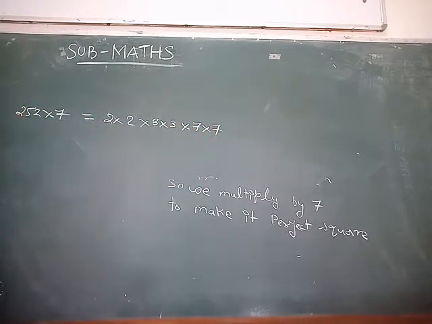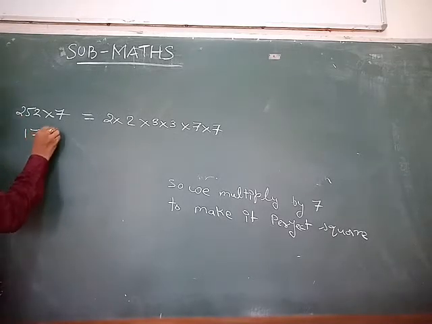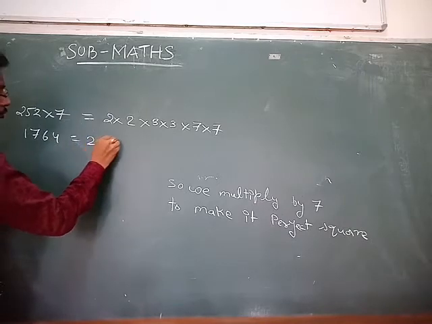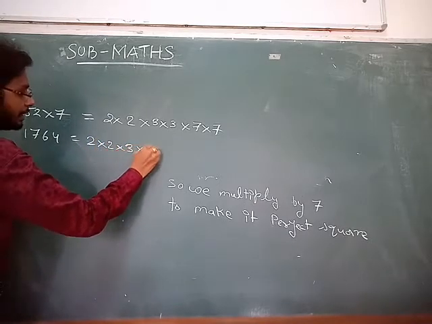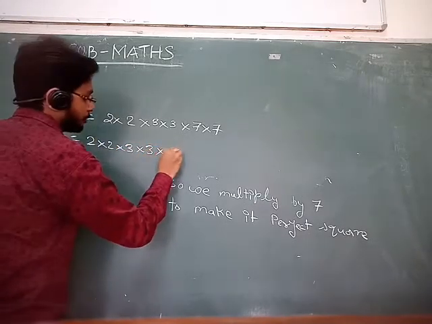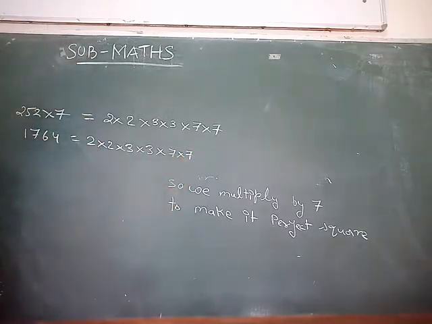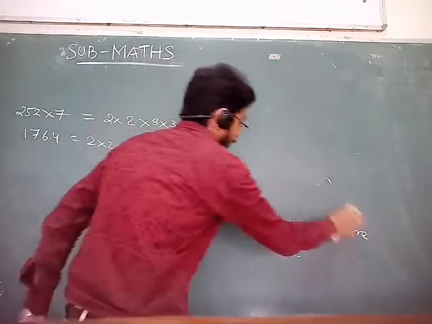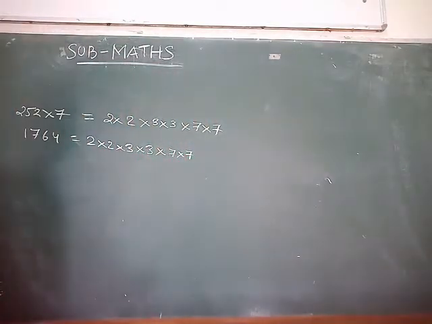So 252 into 7, that is 1764, and that is 2 into 2 into 3 into 3 into 7 into 7. Now I am going to find the square root of 1764.